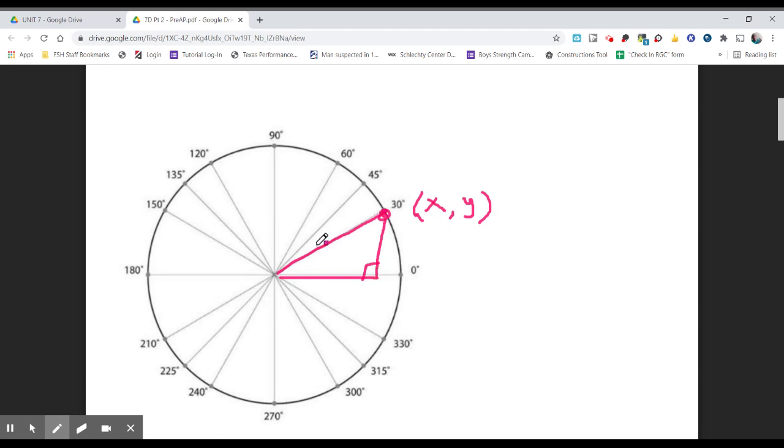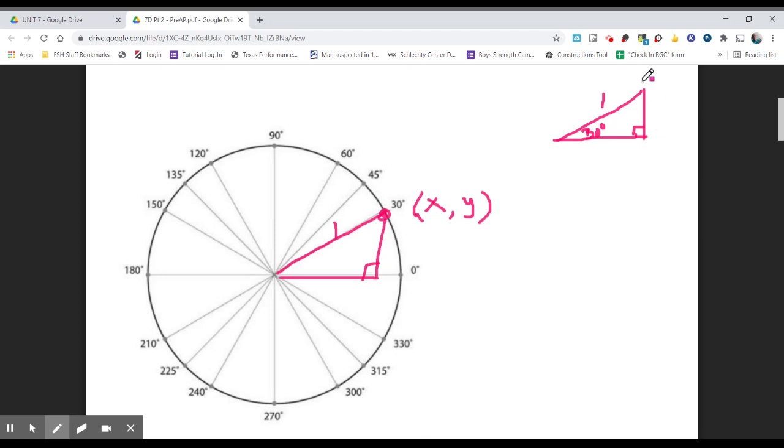Okay. Now, we know that the radius is 1. Okay. So the hypotenuse of this triangle is 1. Okay. So we have a right triangle here with a hypotenuse of 1. Hypotenuse of 1. We're here and we have a 30-degree angle right there.